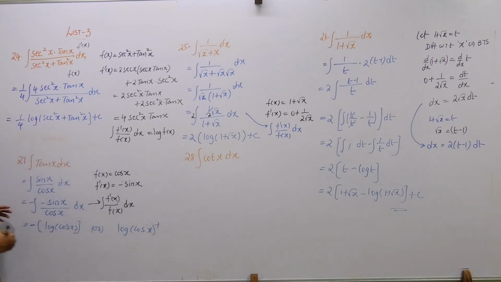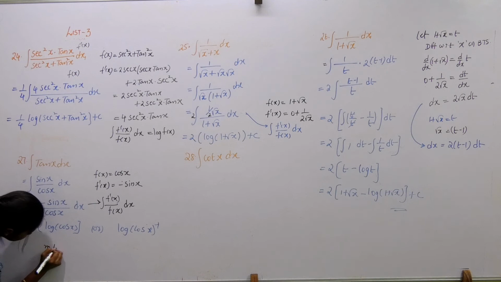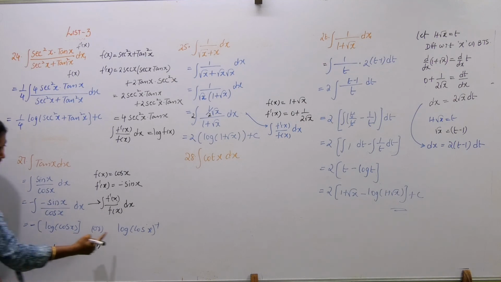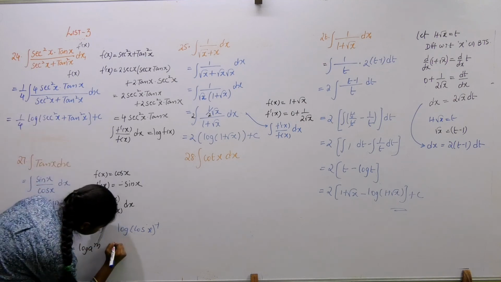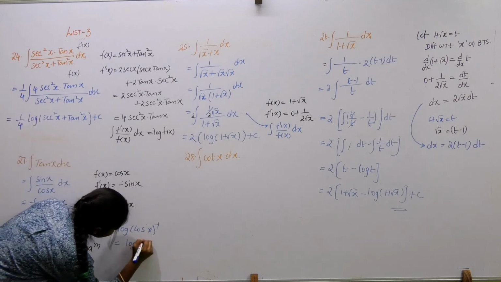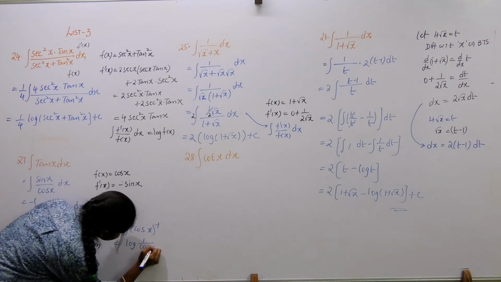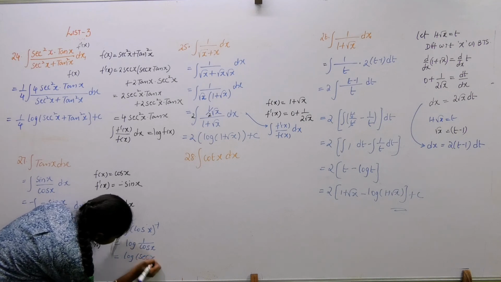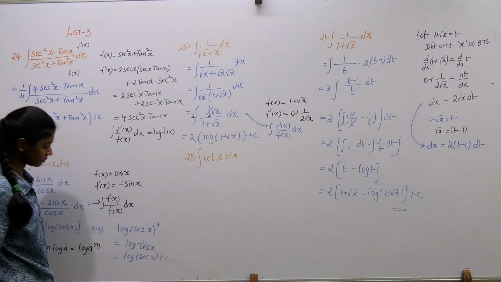I have written this from m log a is equal to log a power m. I have used this formula and written this step. From this, it is equal to log 1 by cos x. It is equal to log of secant x plus c.